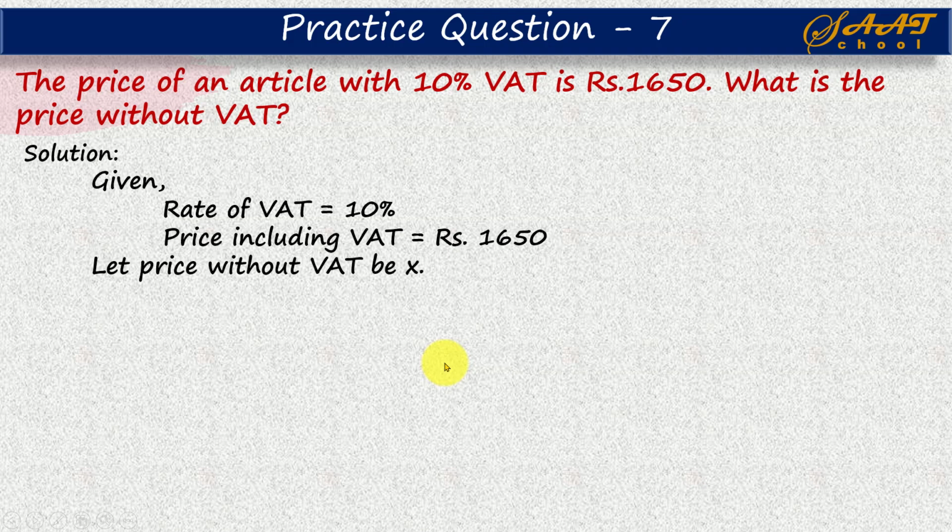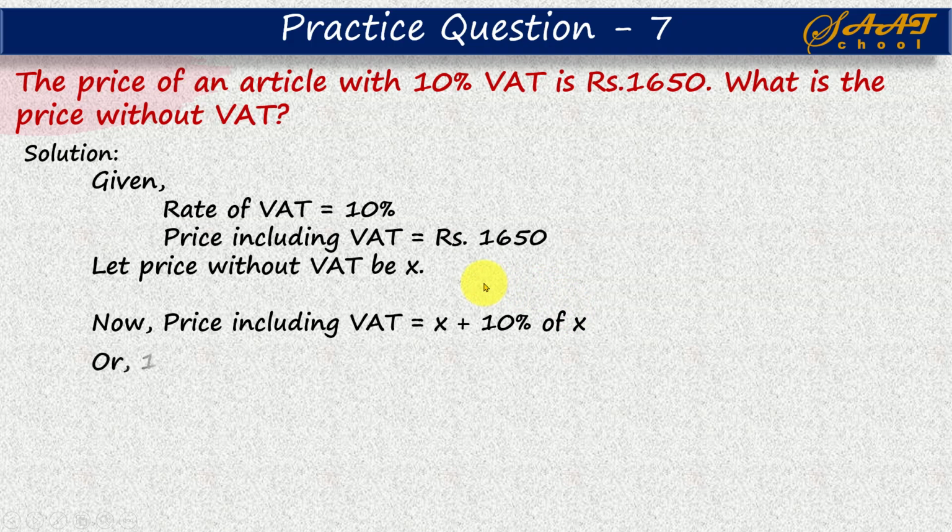Now here we can say price including VAT is equal to price before VAT plus 10% of that X. Again, this 10% is of this amount. When we add 10% on this amount, then that will be equal to 1650, because this includes VAT, which is 10% of X. Now we have the price including VAT, which is 1650. 10% means 0.1.